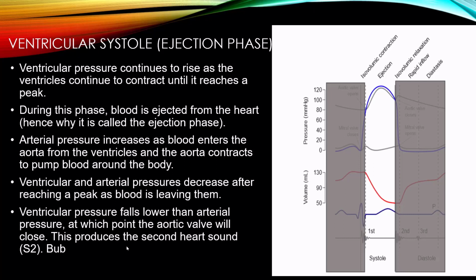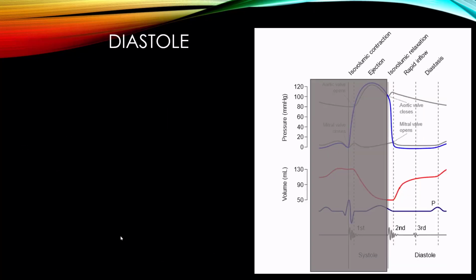This produces the second heart sound, which is called S2 and pronounced as dub. This is a high pitched sound of short duration. You can see the ventricular pressure decreases more than the aortic pressure, and this causes the backflow of the blood, which closes the aortic valve, and this produces the second heart sound called the dub.